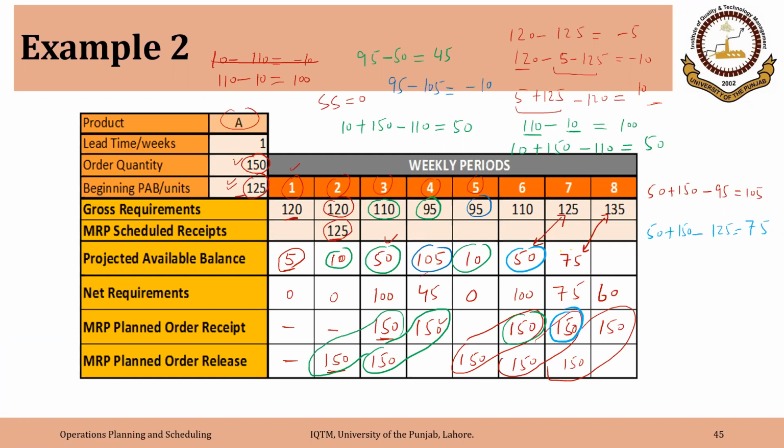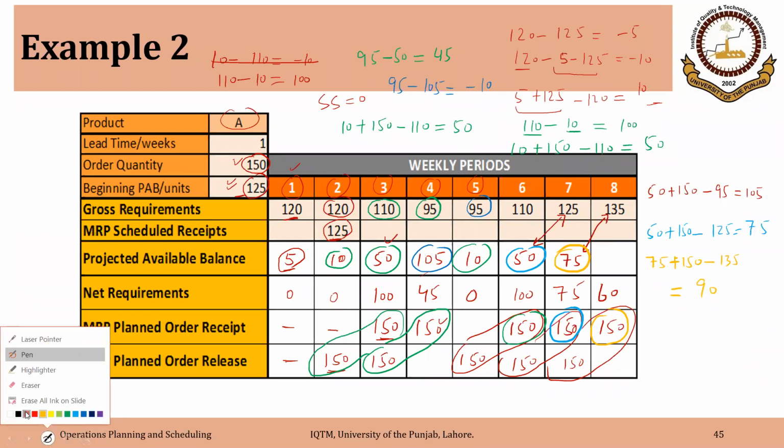So that is 75 plus 150 minus 135. So that is 225 minus 135. That is equal to 90. So we will be left with 90 items by the end of week 8.